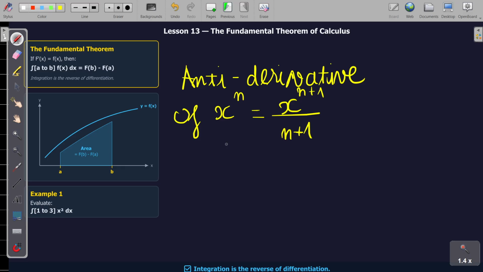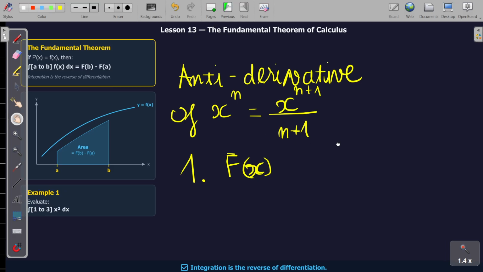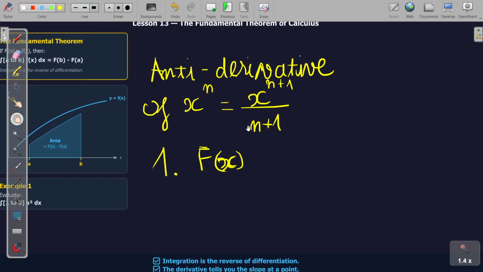So to solve this first example, we need to write the antiderivative. This is step number 1: write the antiderivative, the big F of x. I will write the small f and the big F first to let you know what we're doing. Our small f is x squared.